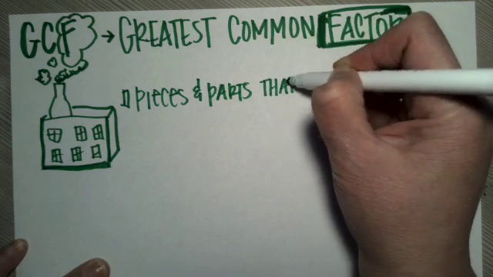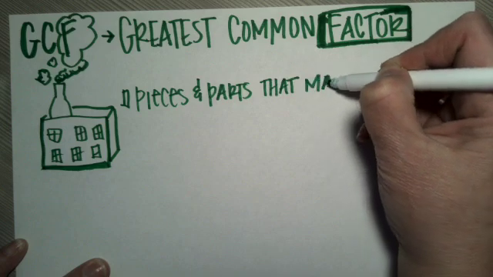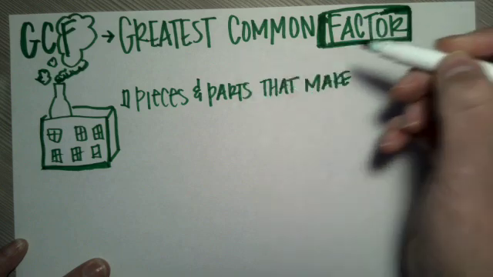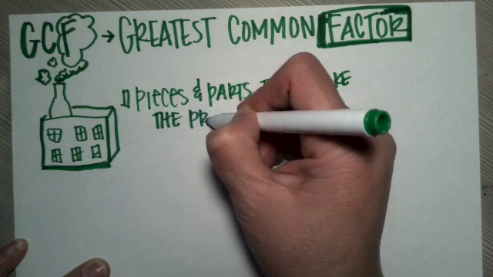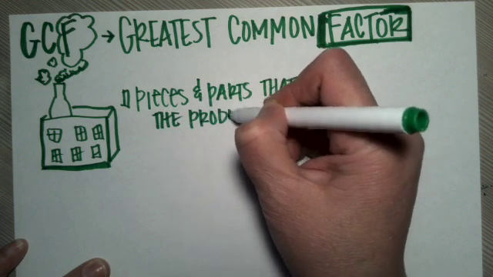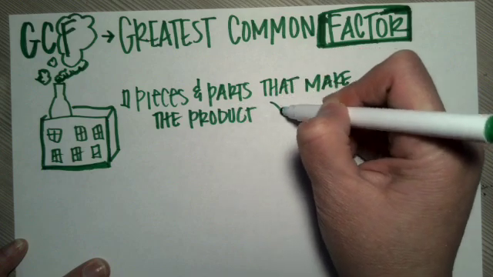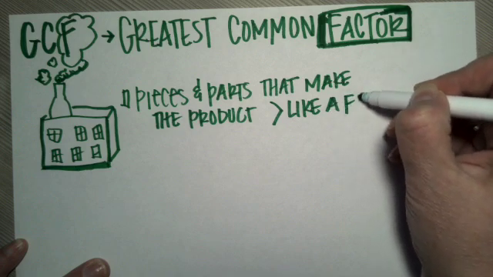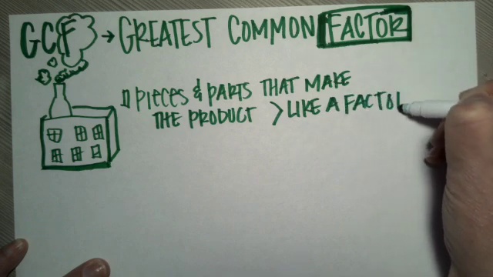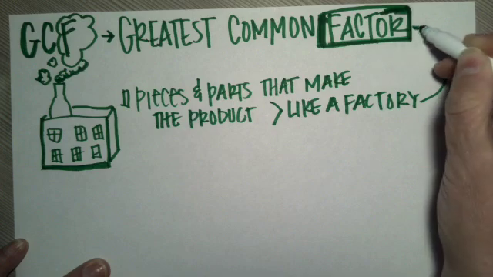And the word product is an answer to a multiplication problem. So pieces and parts that make the product. So think of a factory. Thus the word factor.